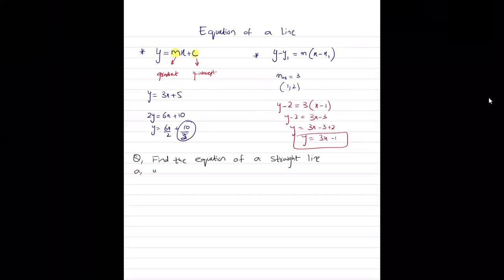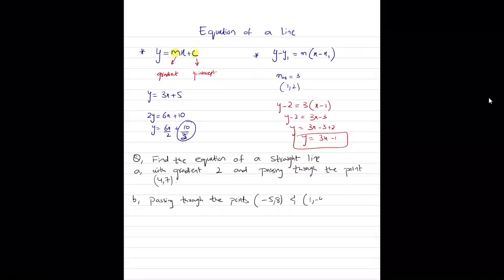Part A, with gradient 2 and passing through the point 4 comma 7, and part B, passing through the points minus 5 comma 8 and 1 comma negative 4.